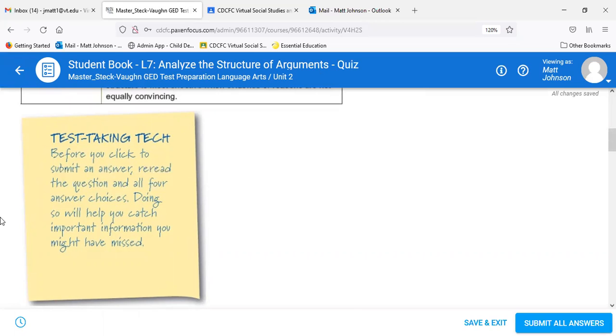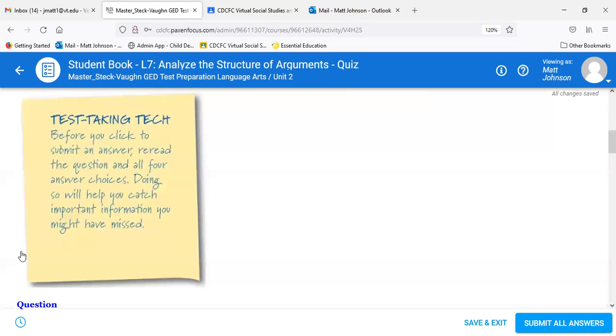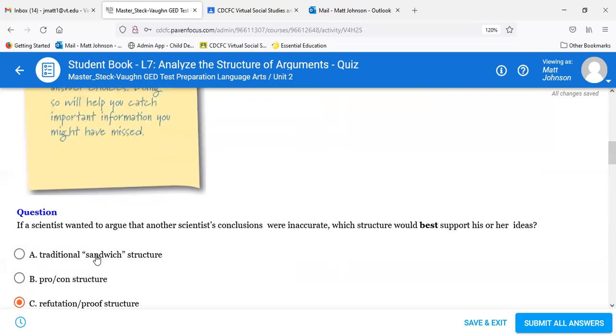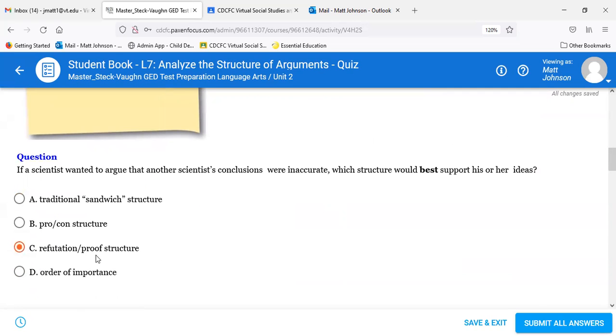It's not a bad idea to intuitively think about the question. So you read it, you read the answers, and you can go ahead and click on whatever it may be, but go ahead and reread the question and then double check your answer. It's the best thing to do. Make sure that you understand the question fully and make sure you understand all the answers fully.